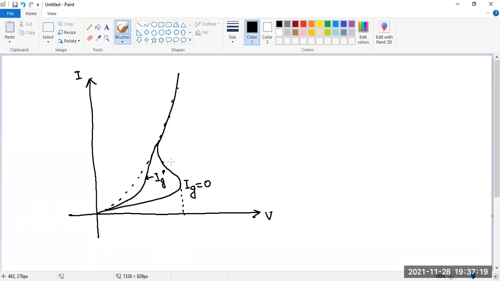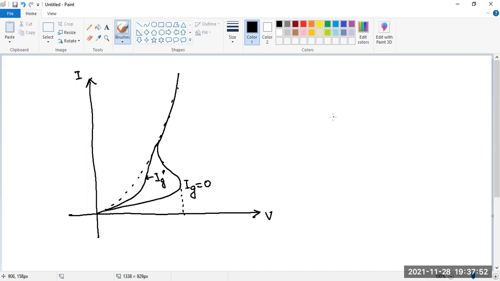So what are the different methods by which we can turn on the thyristor? That I will discuss first. The first way by which we can turn on a thyristor is if we apply a high voltage across the device, that means across your anode and cathode.